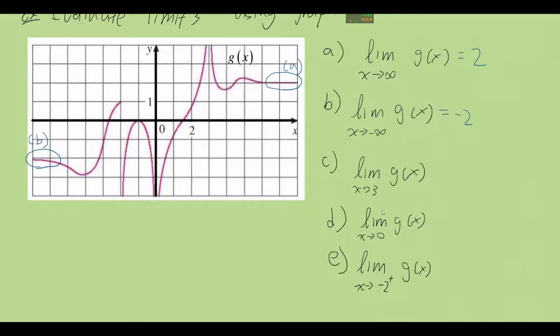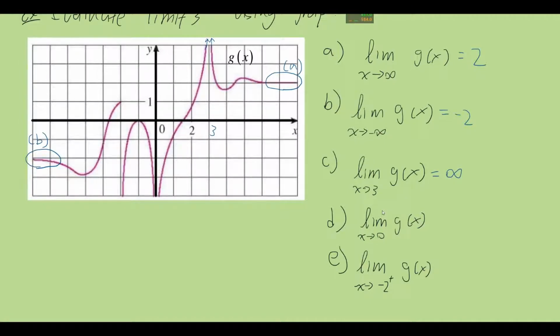Now let's look at part C. As x approaches 3, 3 is right here. And you can see that from both sides of 3, the line is actually going up to infinity. Right now, since the left-hand limit and the right-hand limit match, we can say that the limit as x approaches 3 actually goes to positive infinity. Okay?